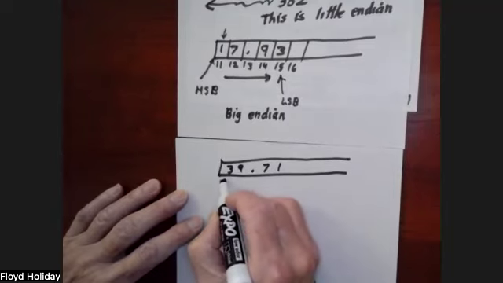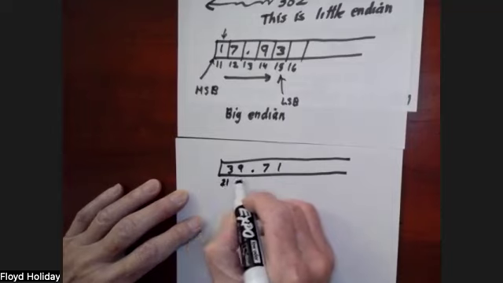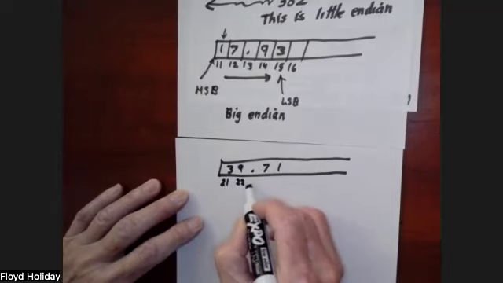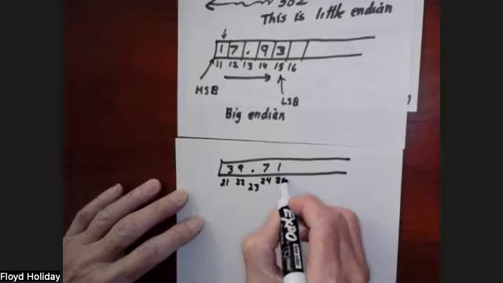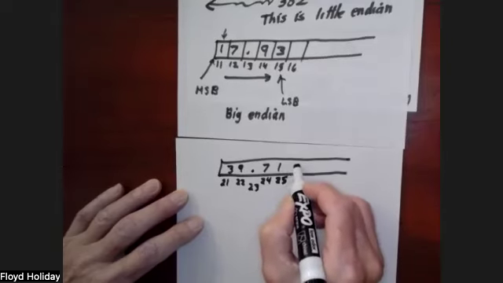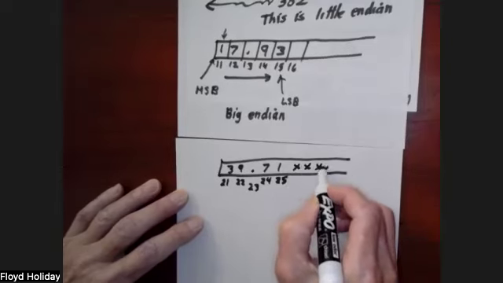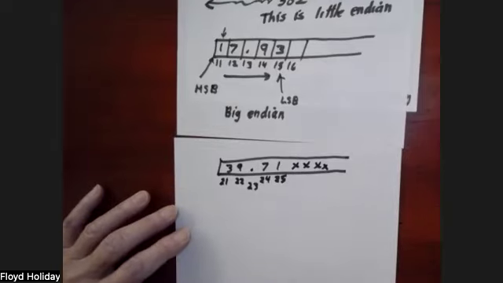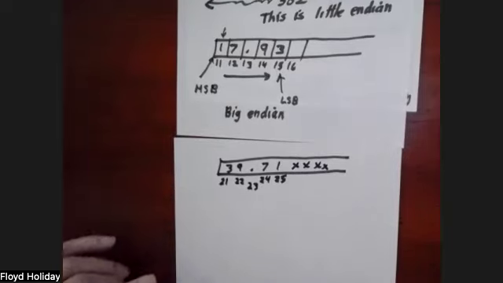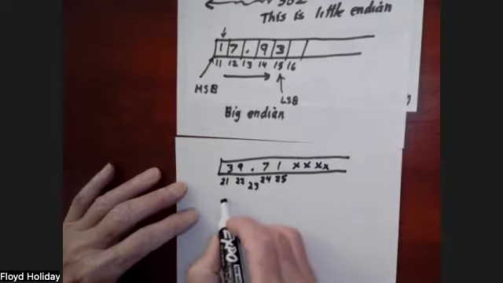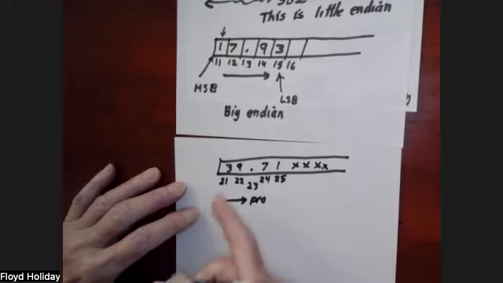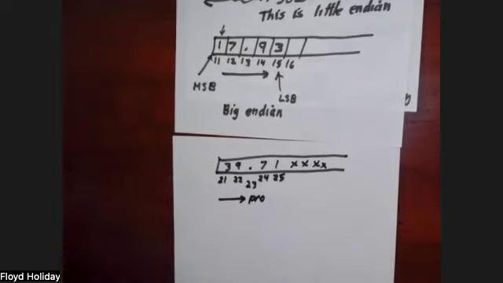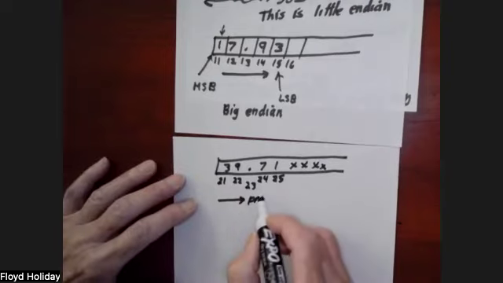So this would be address 21, 22, 23, 24, 25, and then there's some unknown stuff higher beyond that. That is not 39.71, that is 17.93. Processing goes this way because of the indexing. The memory addressing goes from small to large.